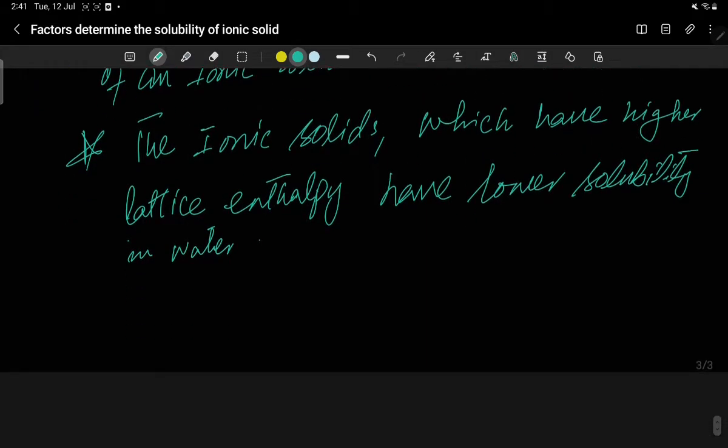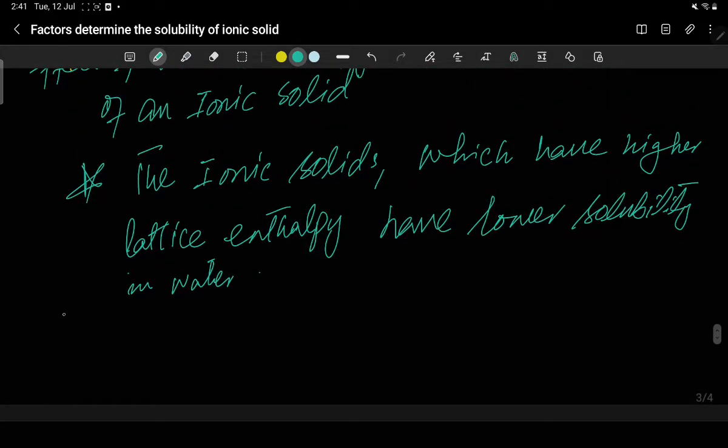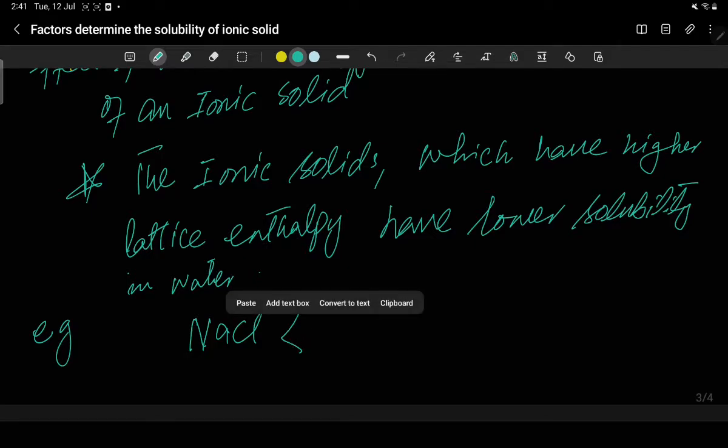For example, sodium chloride has less lattice enthalpy than magnesium chloride.